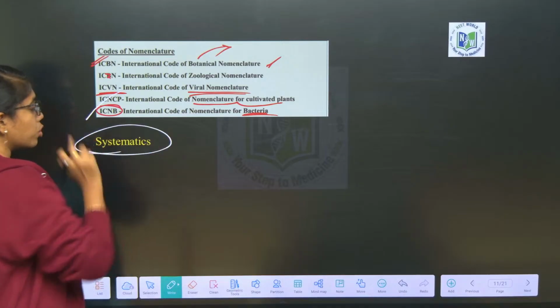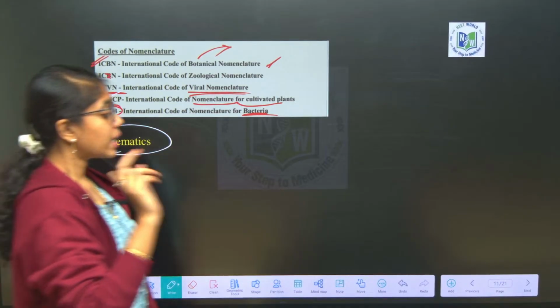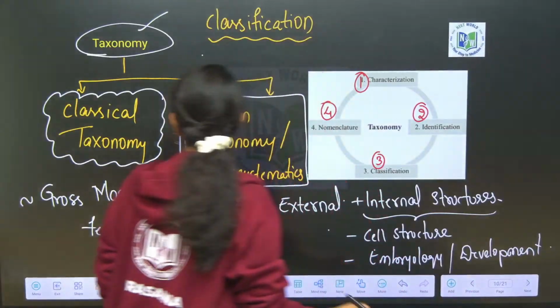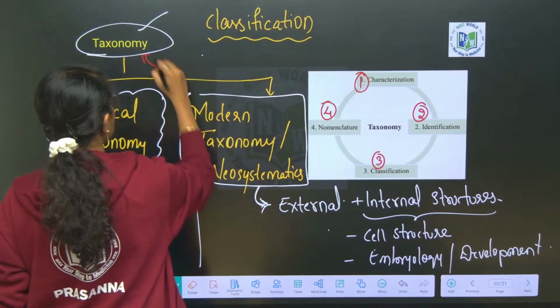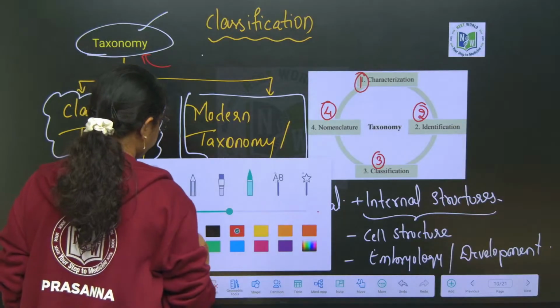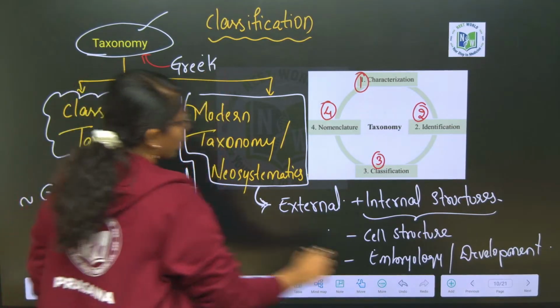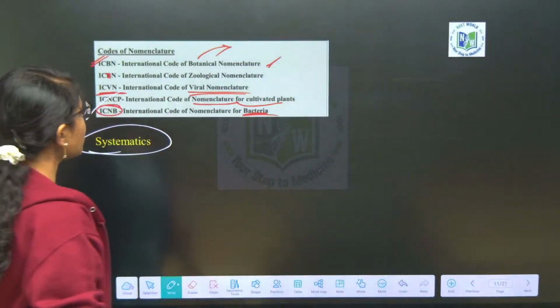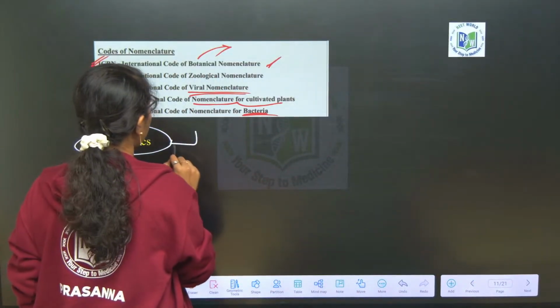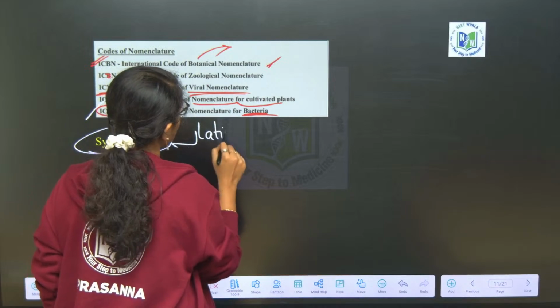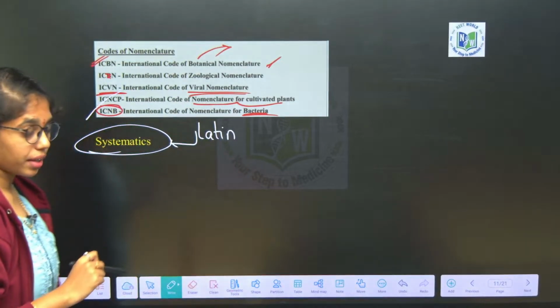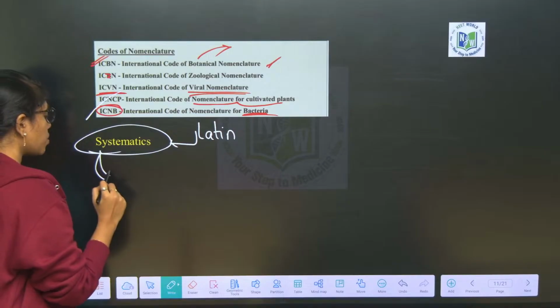Now, when we speak about systematics: taxonomy is derived from Greek, whereas systematics is derived from Latin. How can you define systematics?